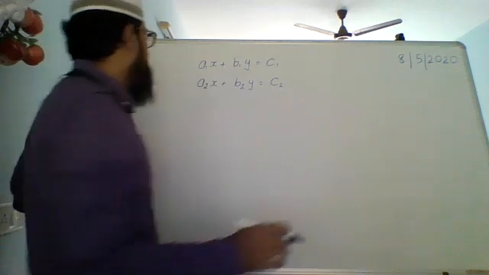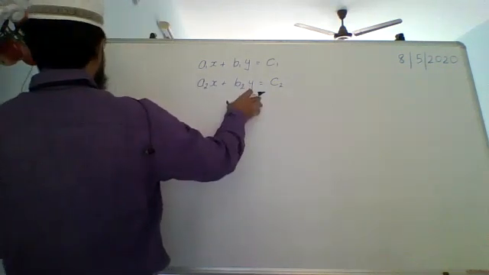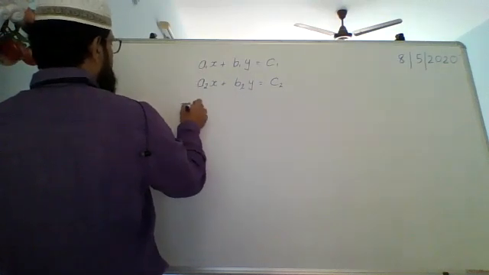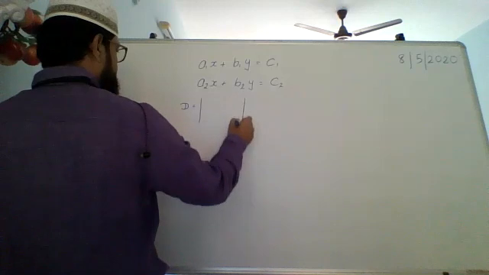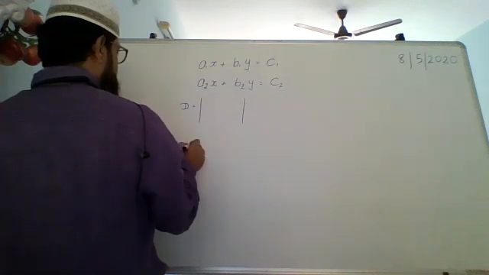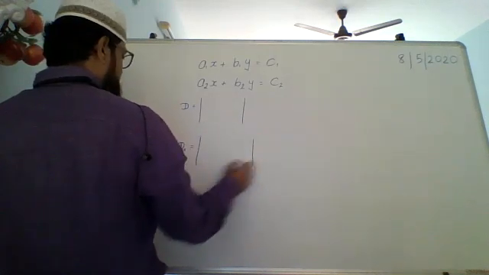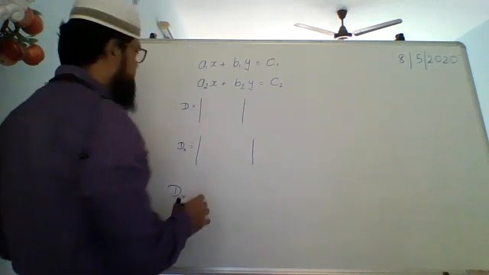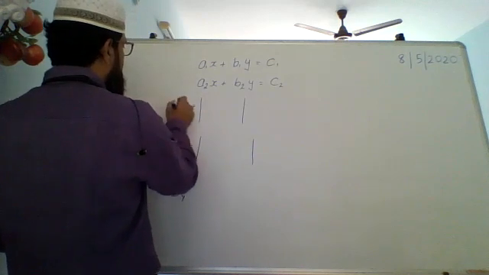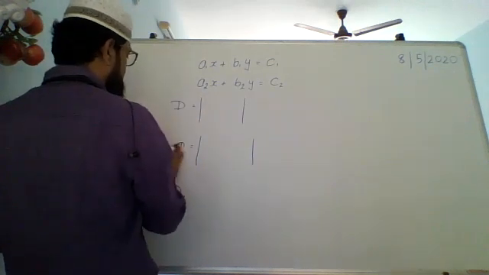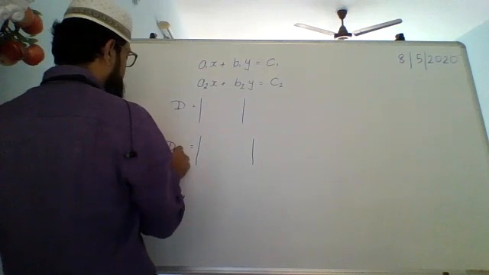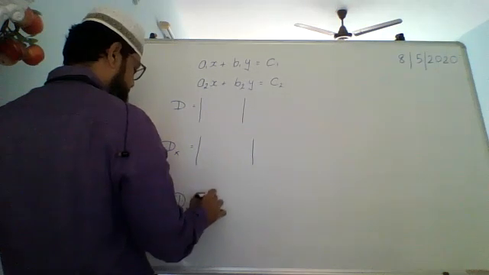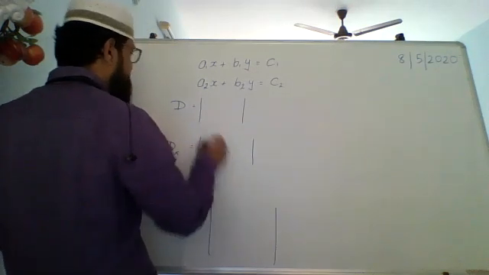So first, using these, we are going to get three determinants: d, which is equal to something, then dx, and dy. What those are, we will see.